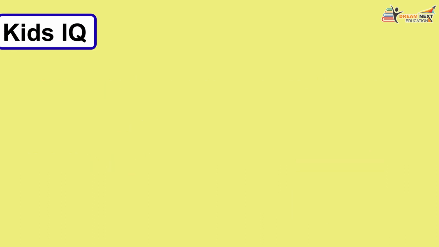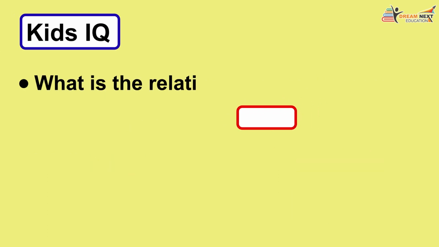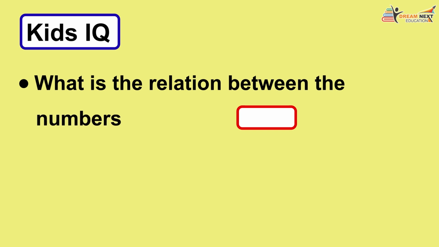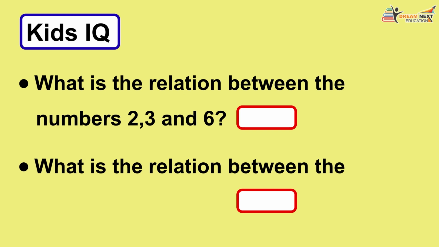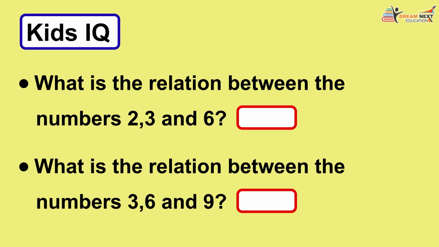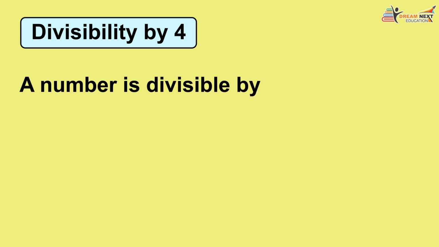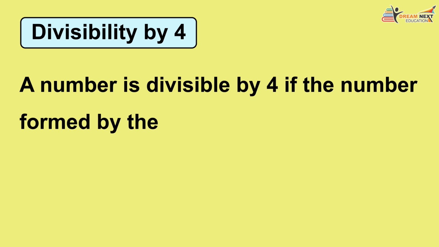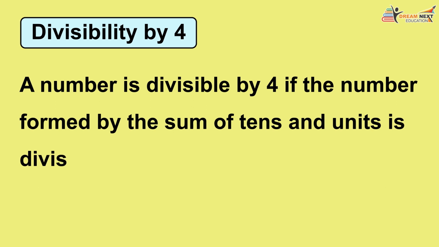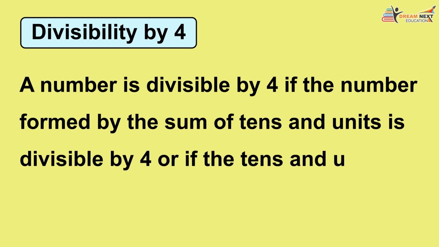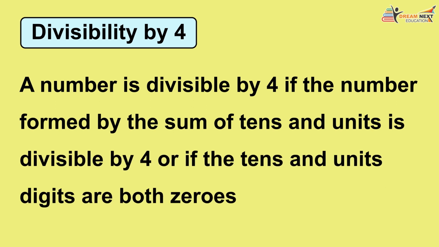Kids IQ: what is the relation between the numbers 2, 3 and 6? What is the relationship between 3, 6 and 9? Divisibility by 4. A number is divisible by 4 if the number formed by the tens and units is divisible by 4 or if the tens and units digits are both zeros.